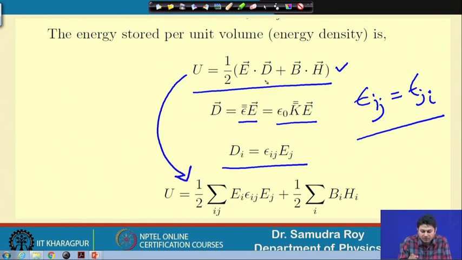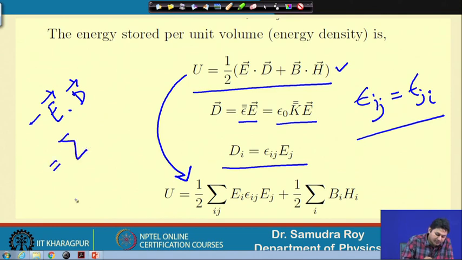If I make the dot product between E and D, the result will be Ex Dx plus Ey Dy plus Ez Dz.